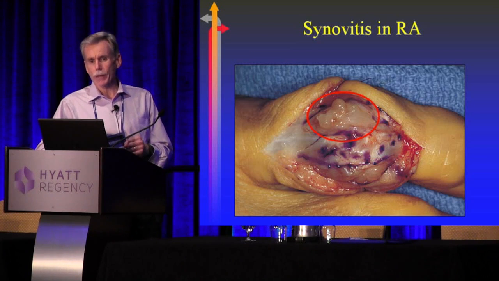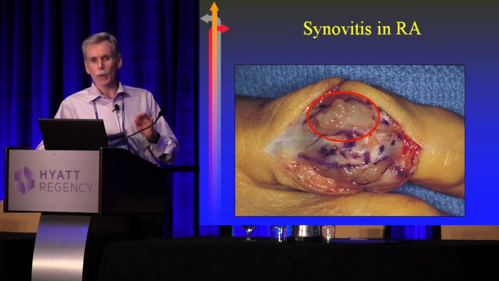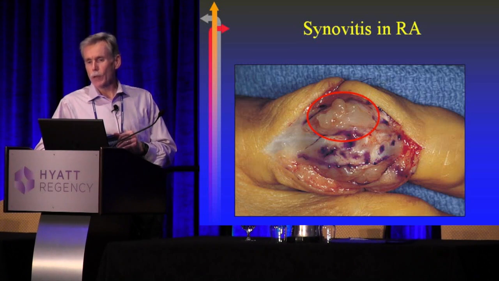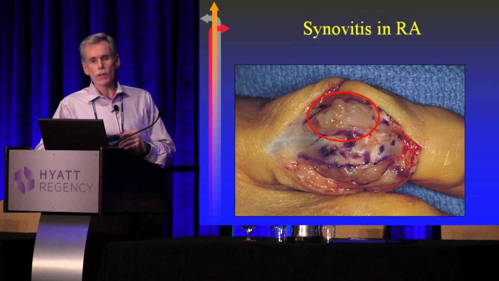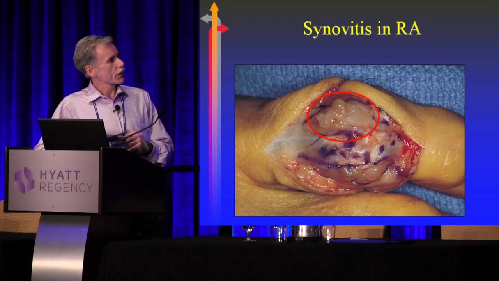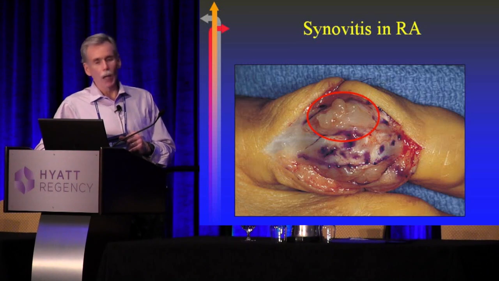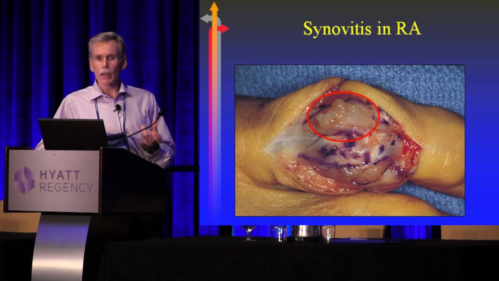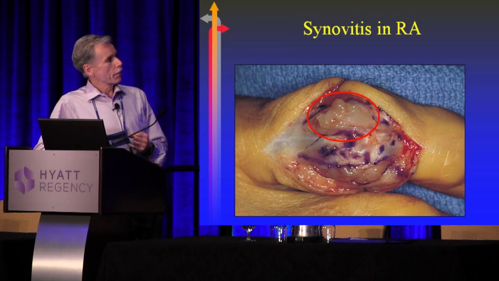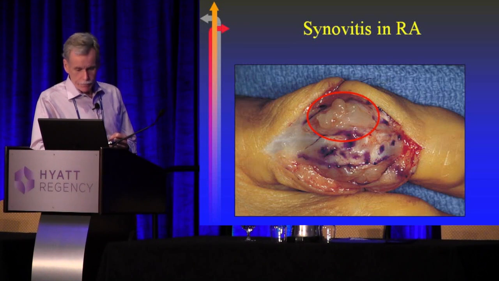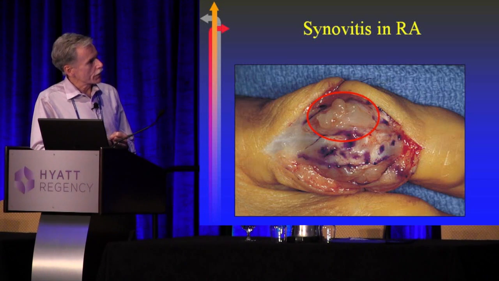So rheumatoid arthritis is an autoimmune disease that targets this innocuous little membrane in your joints, and it proliferates many hundreds or even thousands of fold times to produce this blob that can invade and degrade surrounding tissue and bone. Now, why am I telling you all this? And why am I showing you this kind of shocking picture?